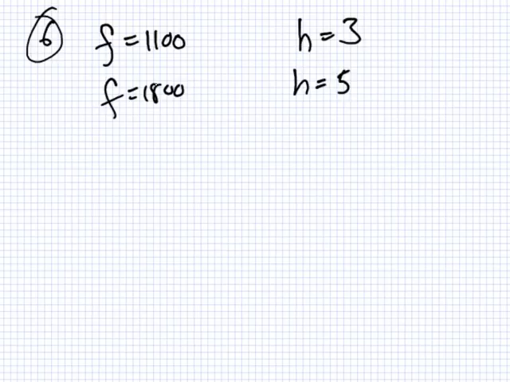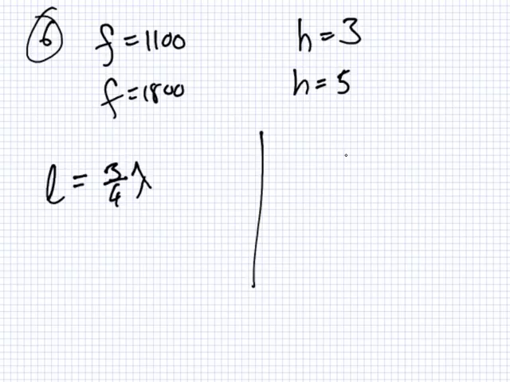So if you look at the first situation, if it's a third harmonic, how much of the wave is in there? 3/4. So 3/4 of the wave is in the pipe at the third harmonic, and at the fifth harmonic, 5/4.